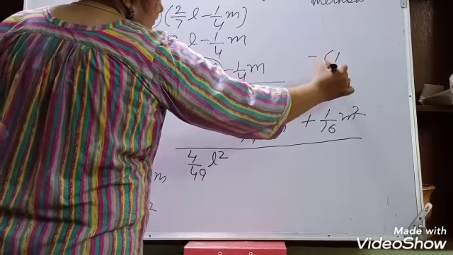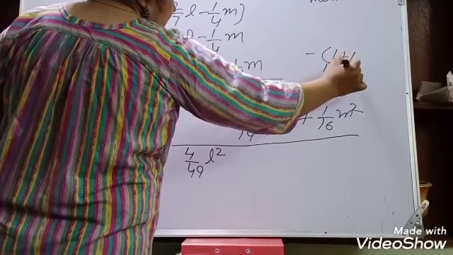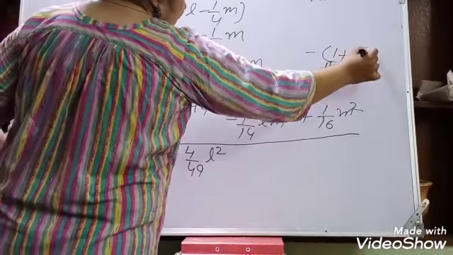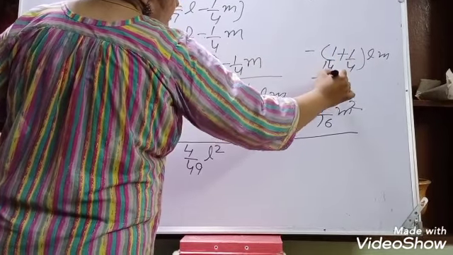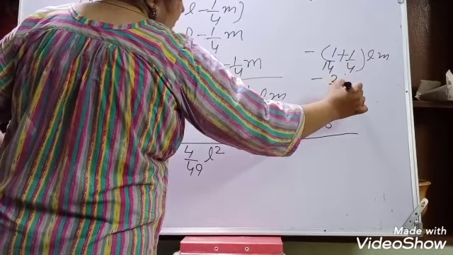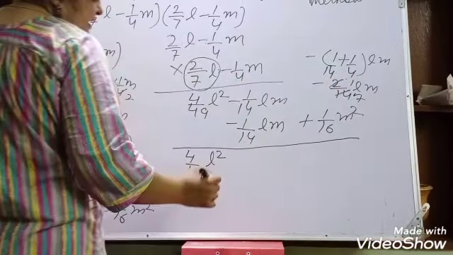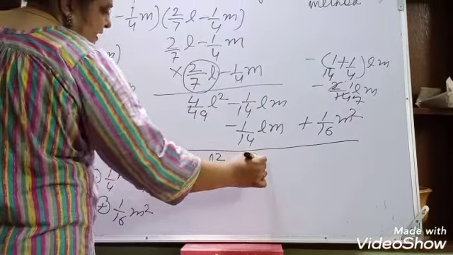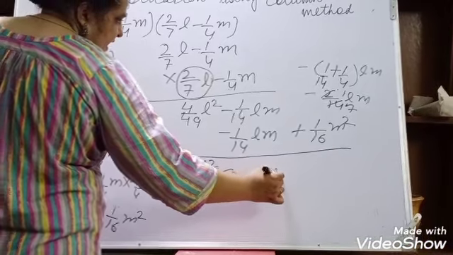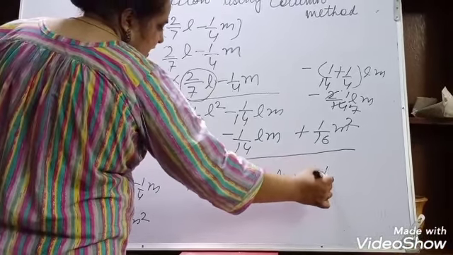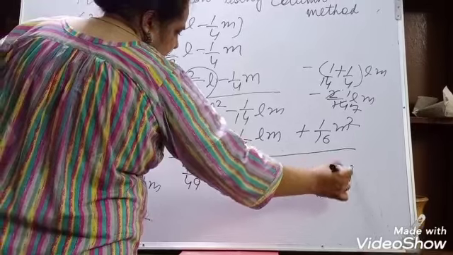I will take out minus as common and lm also as common. So I am going to get minus 2 upon 14 lm, which is equal to minus 1 over 7 lm plus 1 over 16 m square.